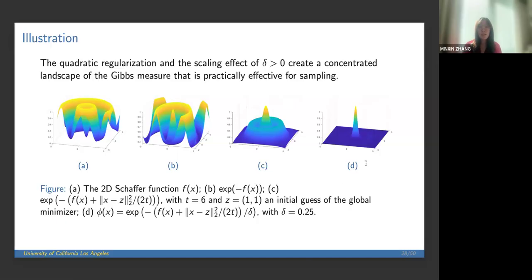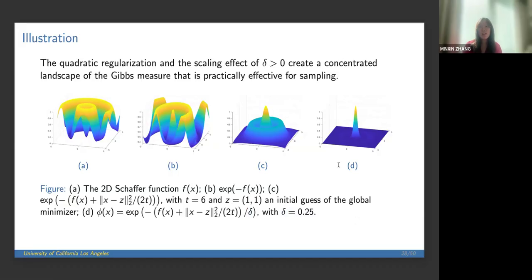And in picture D, we further transform this function by adding a scaling parameter delta, which is a small positive constant. This delta does not need to be too small, because if it's too small and it's in the denominator, it would cause numerical instability. We just set it to be 0.25 in this example.